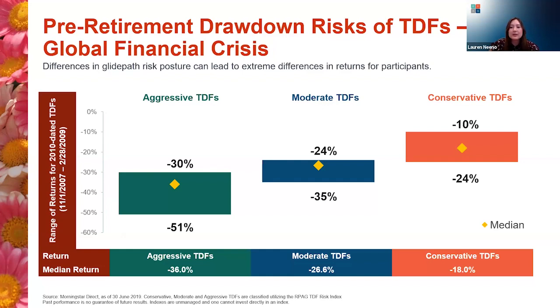Someone expecting to retire in 2010 is maybe 1 or 2 years away from retirement with one foot out the door. And while negative returns could have been expected during this time period, it's really the difference in how much that we need to consider. So best case scenario, you lost 10%, worst case, you lost 51%.